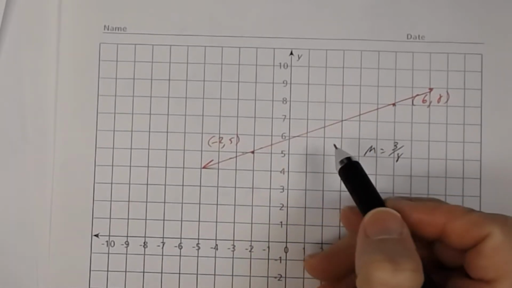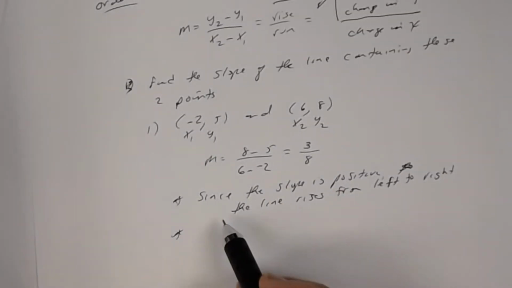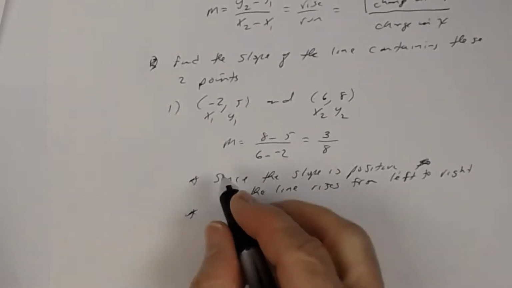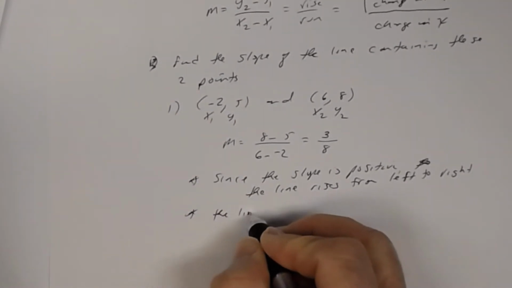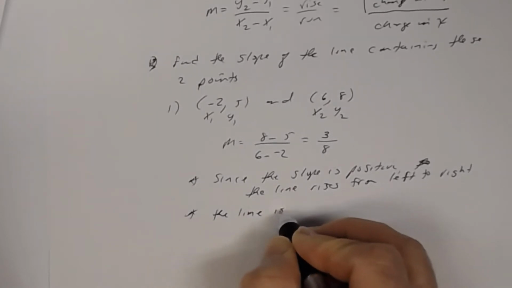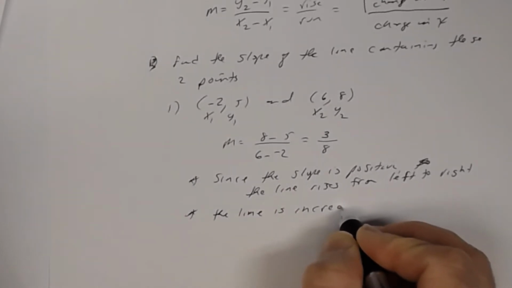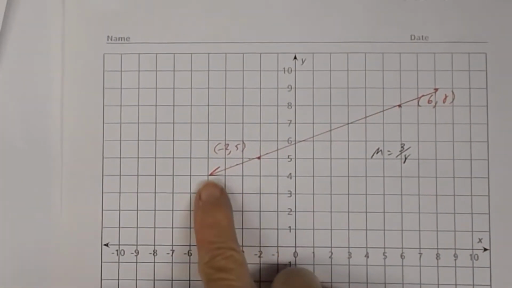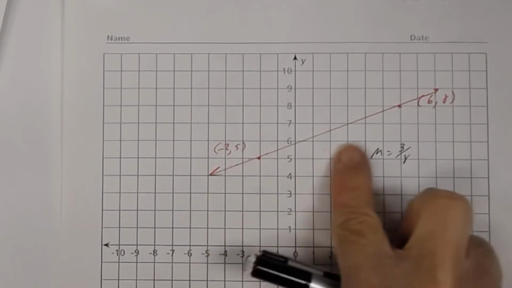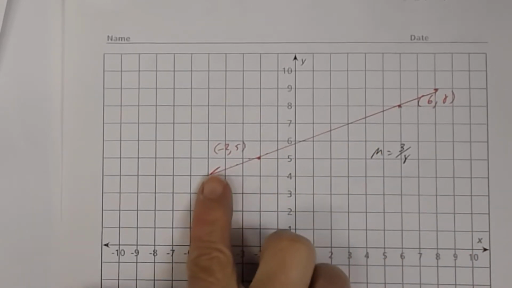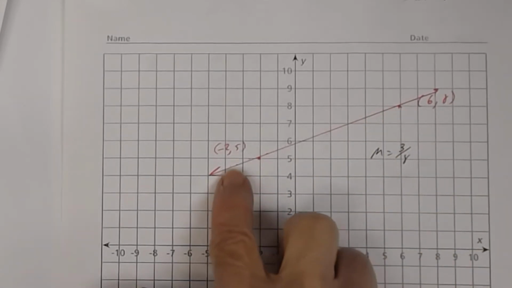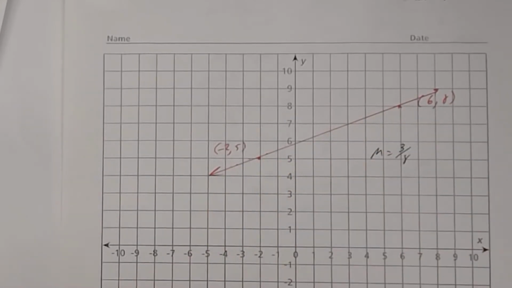All right, so another way we can describe this line is to say that the line is increasing. All right, so anytime you have a line with a positive slope, we can also say the line is increasing, meaning that the y coordinates are increasing.